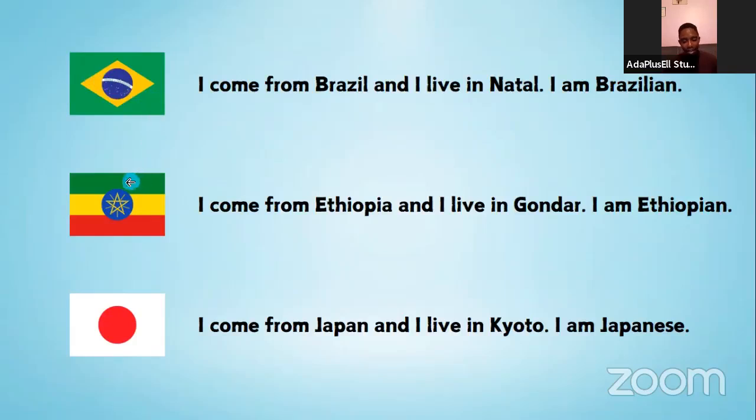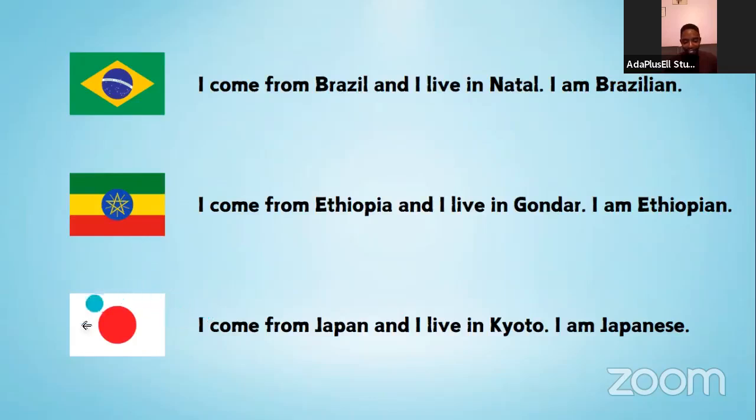And then we have a flag of Ethiopia, which is green, yellow, red, and it has like a star. And this star has some corners, 1, 2, 3, 4, 5. So it has 5 corners or edges.